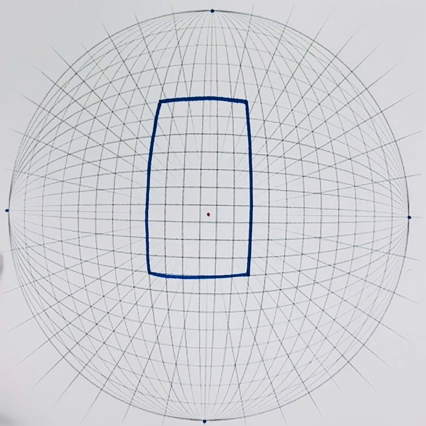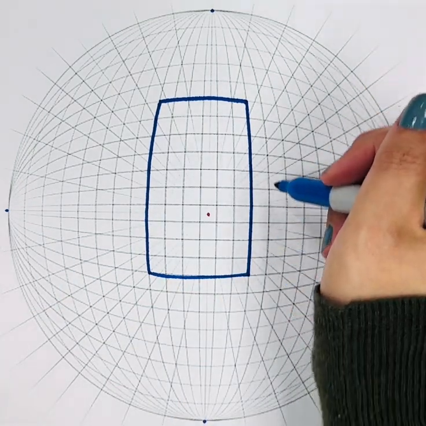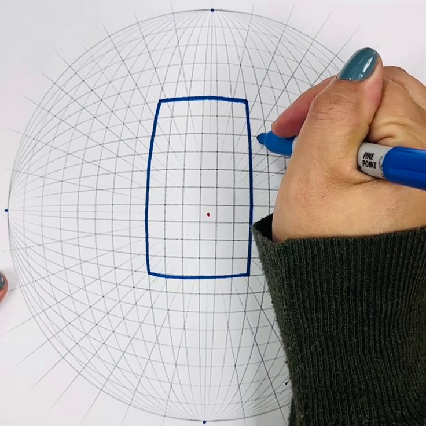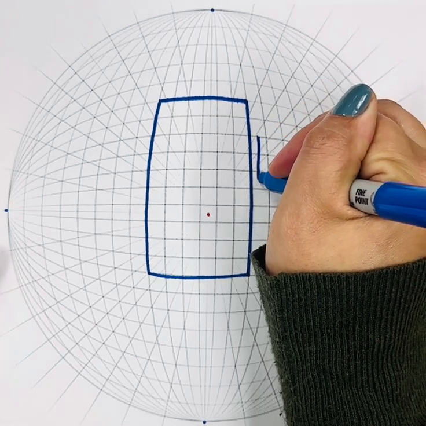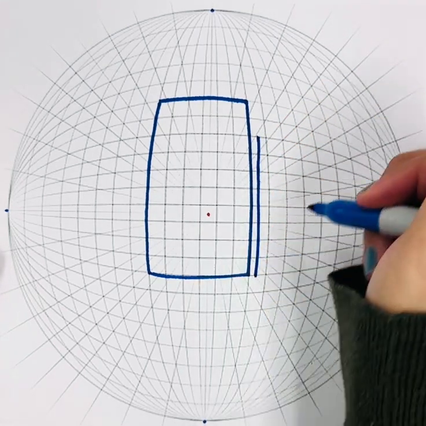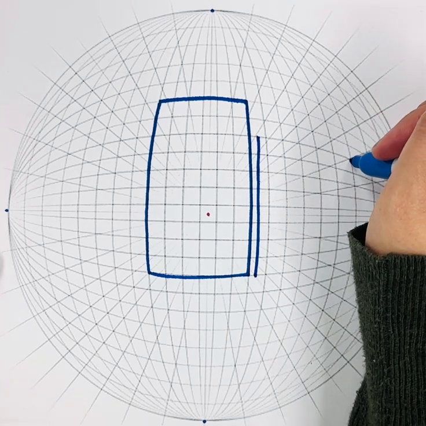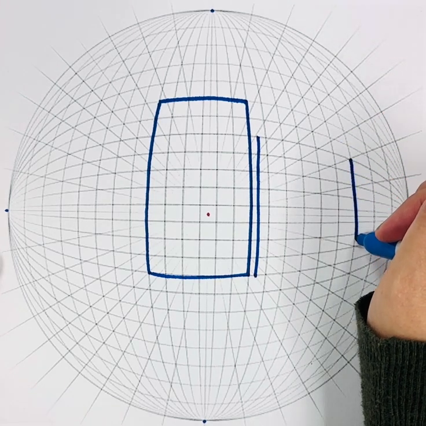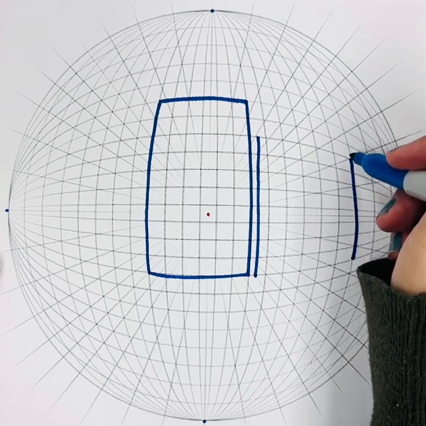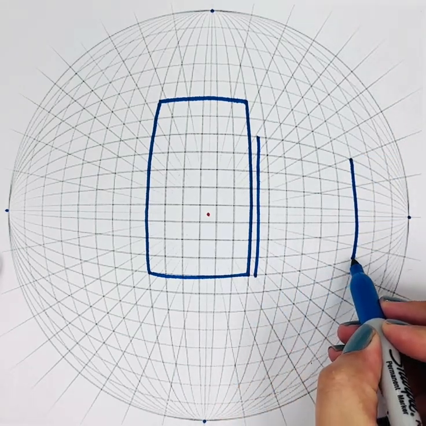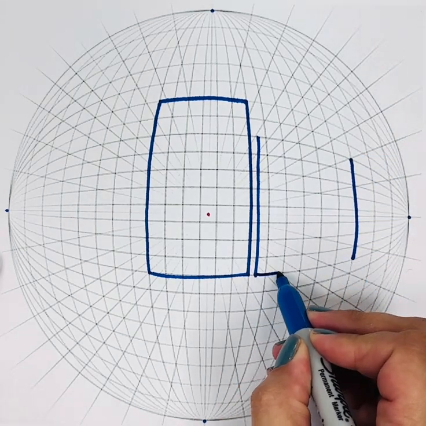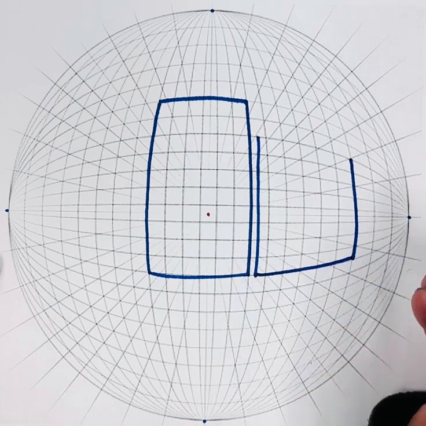My second building, I'm going to do next to it. Again, we don't have to follow those lines, so I'm going to do it a little bit closer than a full section away. Okay, so when I stop, I want to make sure I stop on the same one here, so I can connect those.